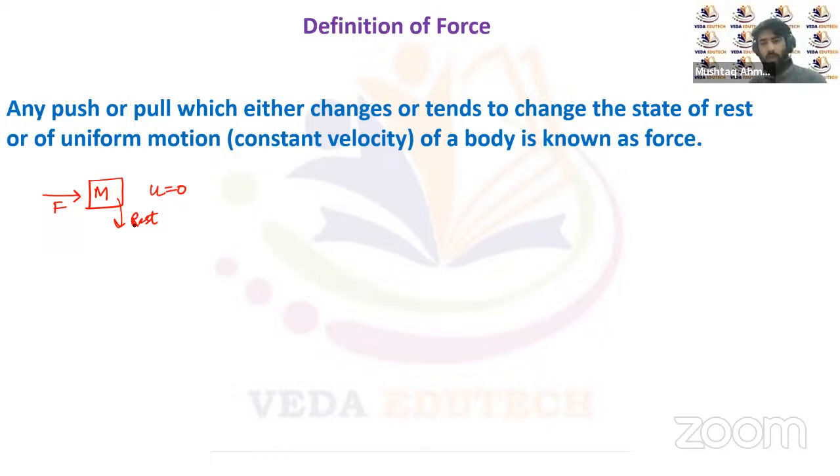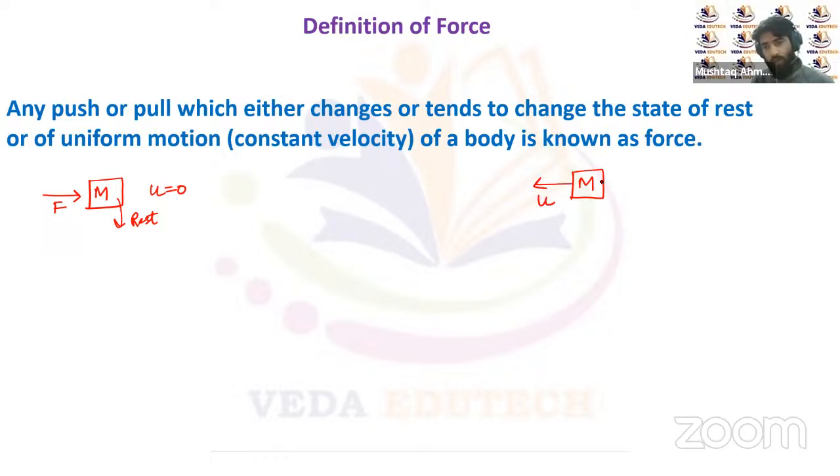By changing the state of motion of a body, we mean to say that suppose a body is at rest, then the external force may try to put this body in a state of motion, right? Or if the body is in a state of motion, then the external force may try to bring this body to rest. Let's suppose that there's a body of mass m which was initially moving with some speed u, right?